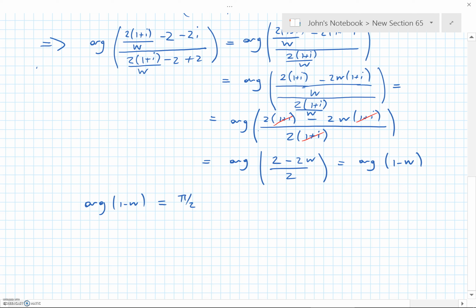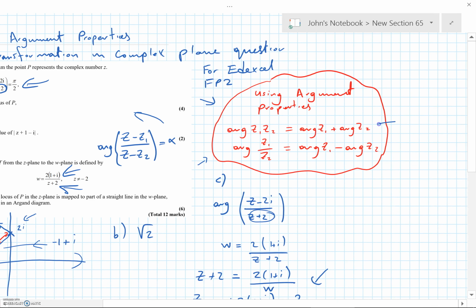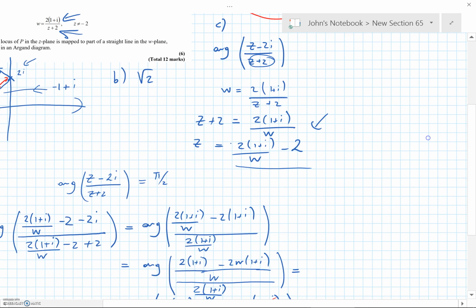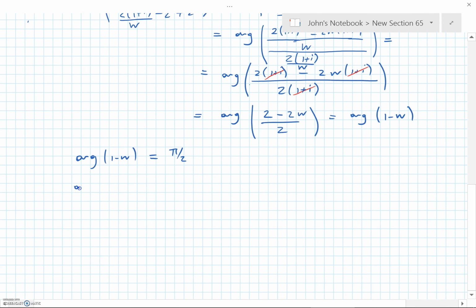Now, we haven't got into our standard loci form at the moment. What I might be tempted to do is go back to these loci. If I times this by minus 1, or just call this the argument of minus 1 times w minus 1 equals pi by 2, I can now separate it out. The argument of minus 1 plus the argument of w minus 1 equals pi by 2.